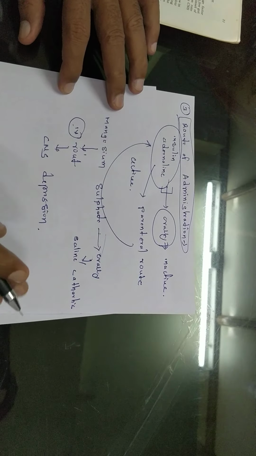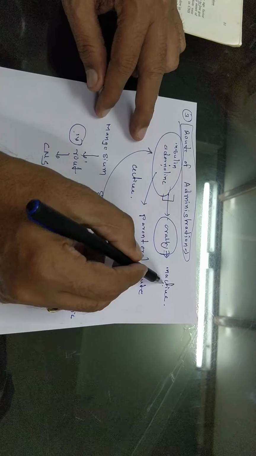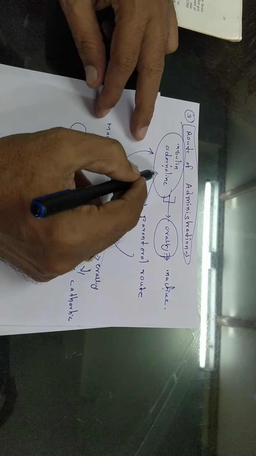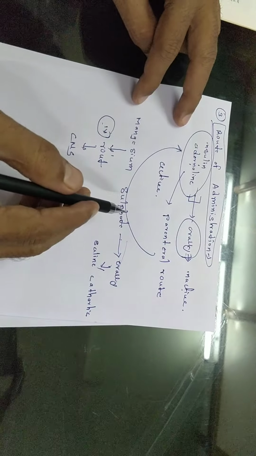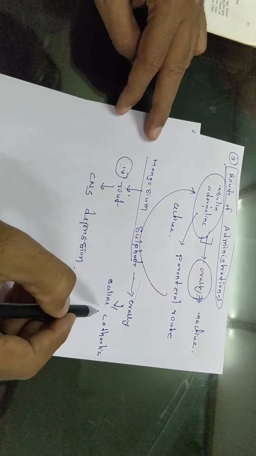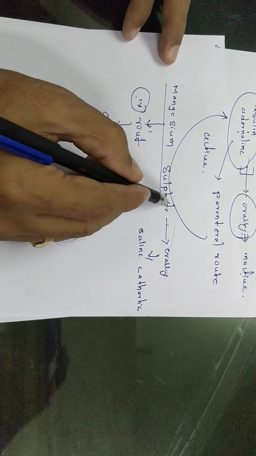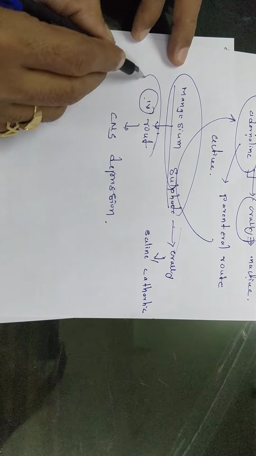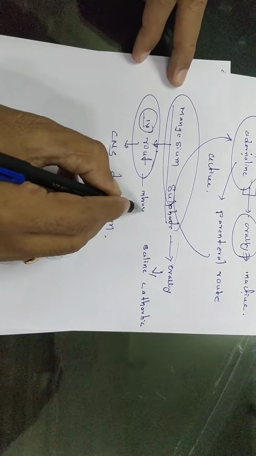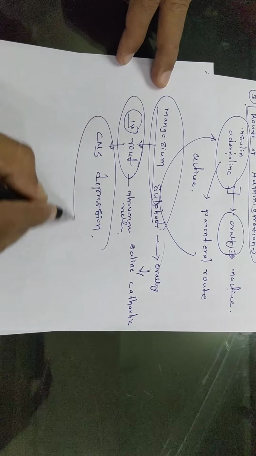Now, these are the two examples. Drugs like insulin and adrenaline are totally inactive orally, but can be given by parenteral routes, where they are active and produce the desired effect. Magnesium sulfate given orally acts as a saline cathartic, but given by the intravenous route it directly causes CNS depression.